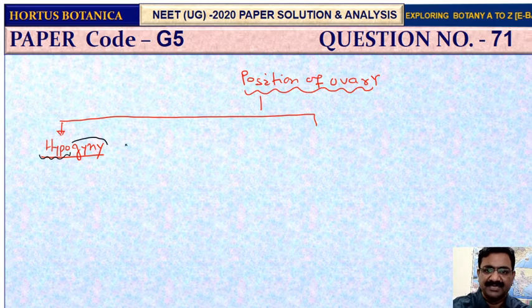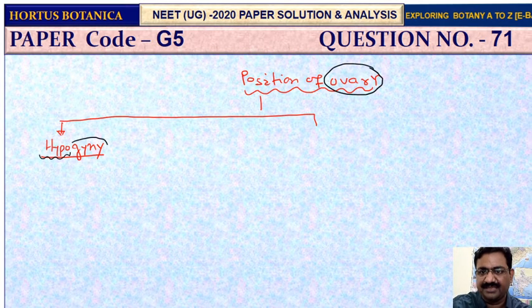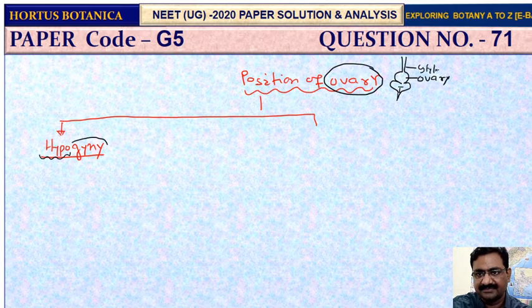If you are talking about the position of ovary, this is the ovary which is part of the gynoecium. You all know, this is the carpel, this is the thalamus, this is the ovary, joined by the style, and this structure is called stigma.